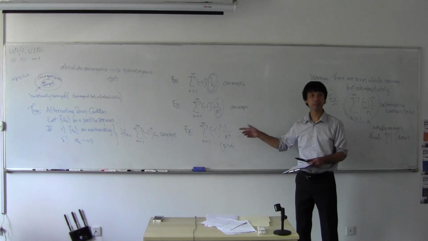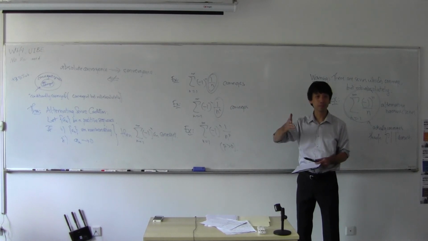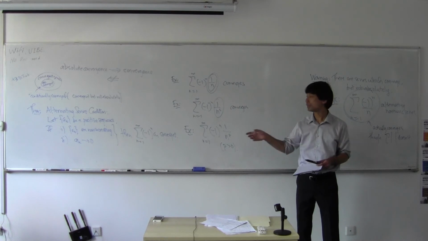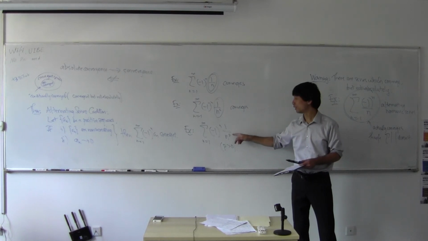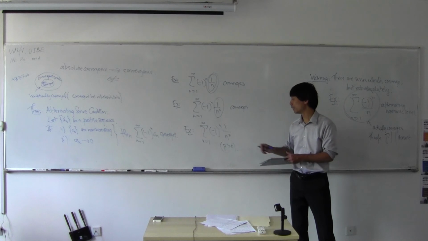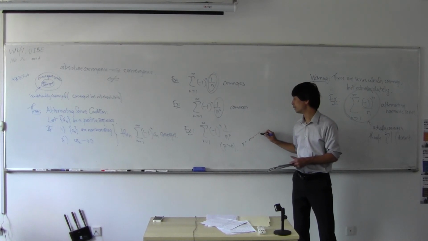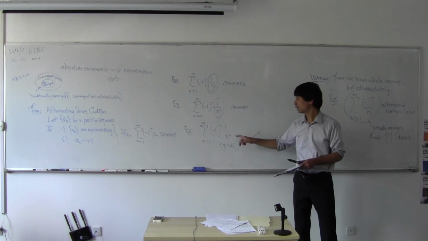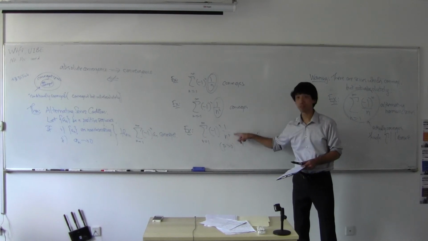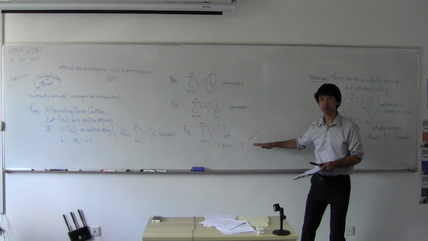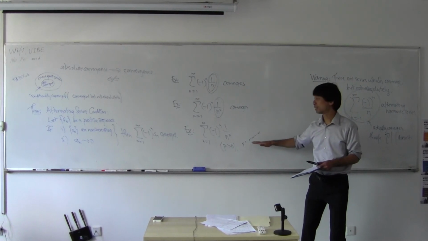It converges, because this 1 over n to the p, p could be very tiny, like 0.00000001, but as n goes to infinity, this goes to 0. In fact, it decreases to 0.